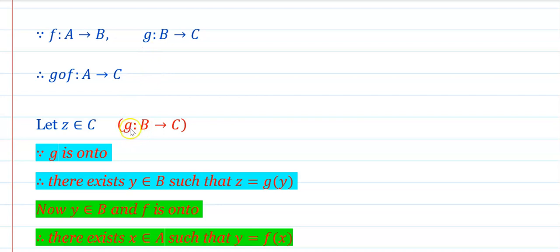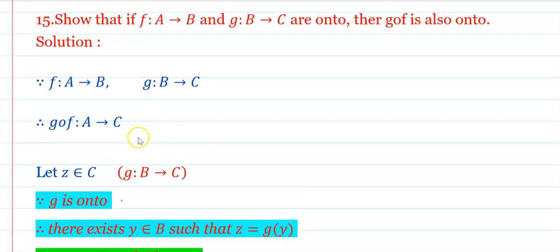As g is from B to C and g is onto, as z belongs to C, there must be a pre-image in B. There exists y in B such that z is equal to g of y, because we are given that g is onto.